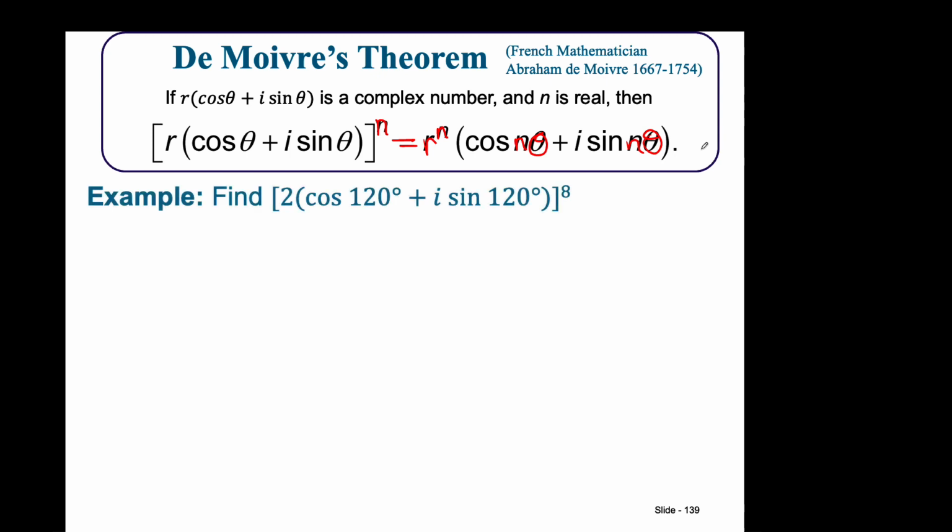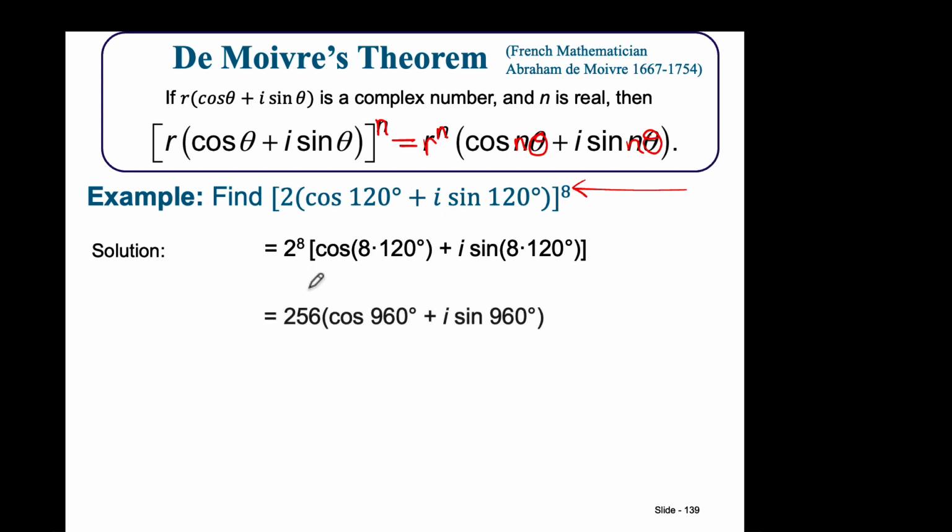Let's try it. Here's our complex number, and we're being asked to find its 8th power, okay, raising it to the 8th power. We take the 2, so the r, we raise that to the 8th power, and we take the angles, so the 120 degrees, and we take their 8th multiple, so multiplying them by 8.